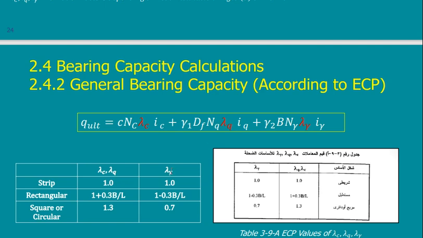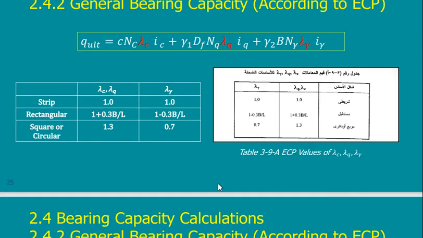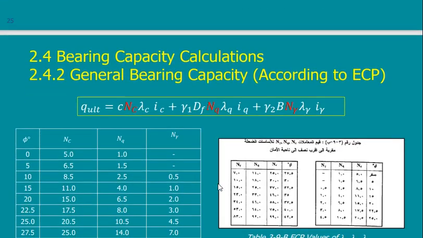So if I have a rectangular footing, then in this case the value for these two parameters will be 1 plus 0.3 B divided by L. I take the dimensions of the footing and put them here, and I get the values. So it's just normal substitution in the table.